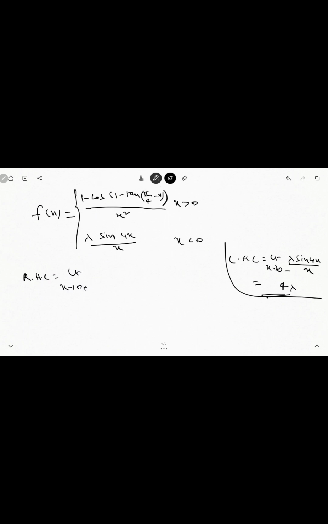Limit x tends to 0 plus of 1 minus cos of (1 minus tan of pi by 4 minus x) by 1 minus tan of pi by 4 minus x, multiply and divide, because it looks like 1 minus cos theta. 1 minus cos theta by theta square, I need to write 1 by 2 into what to write? 1 minus tan of pi by 4 minus x, whole square, by, already there was x square.